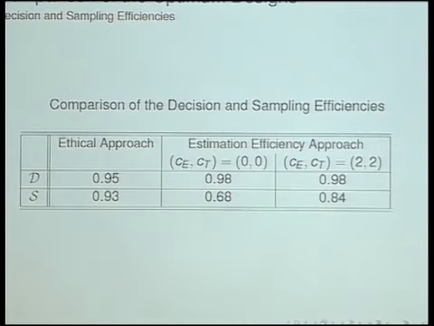For D, even higher than the other one because of the very good estimation. But the gain from the actual experiment is highest here, patient-wise. So that's indeed showing the ethical approach.